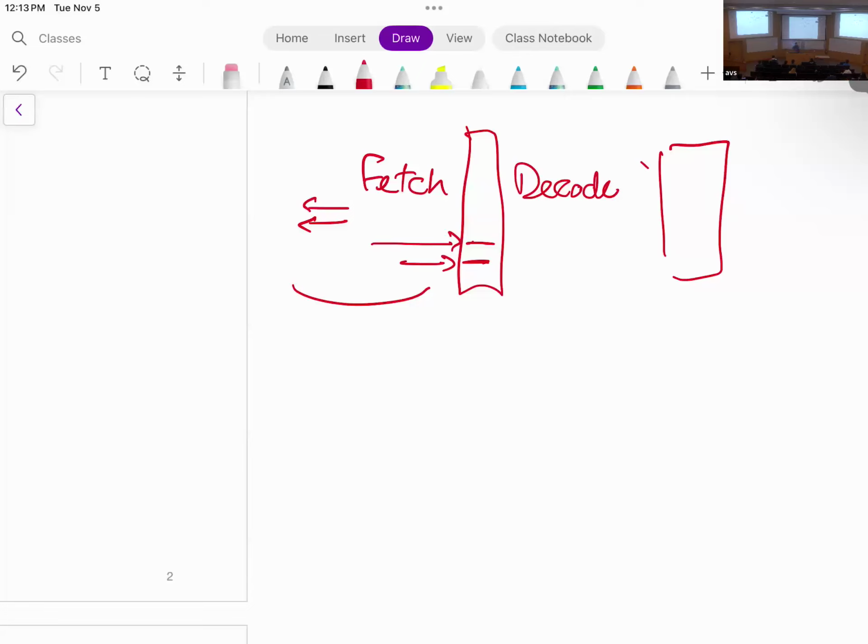In reality, many systems divide decode into rename and dispatch, so there is no decode per se; decode itself is called rename and dispatch. So when you're stalling, you're really stalling the first part of the decode. In the terminology we use in the class, we had a decode stage and then a rename stage. So you can assume that the decode can continue and then you stall at the rename stage.